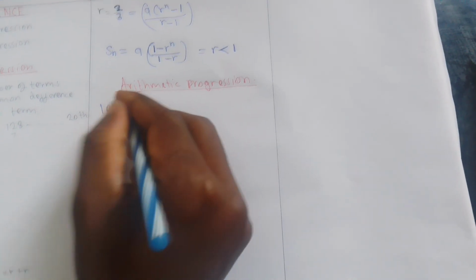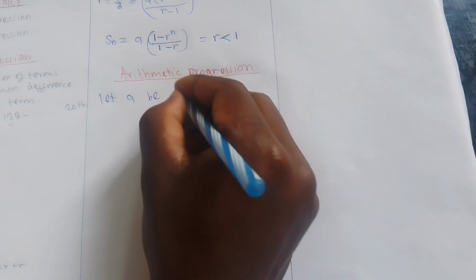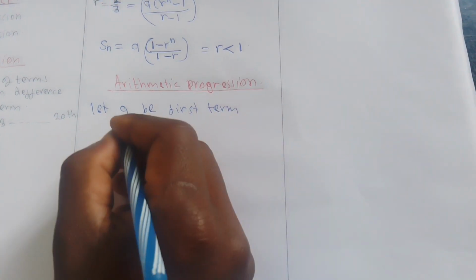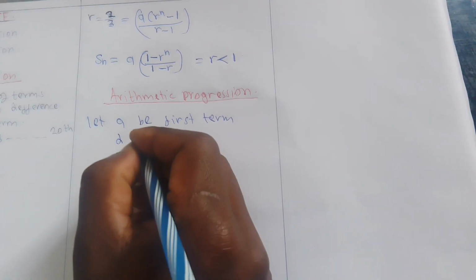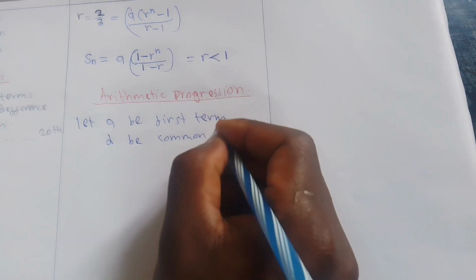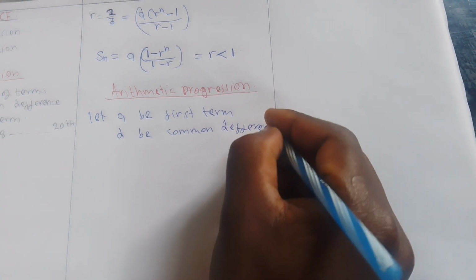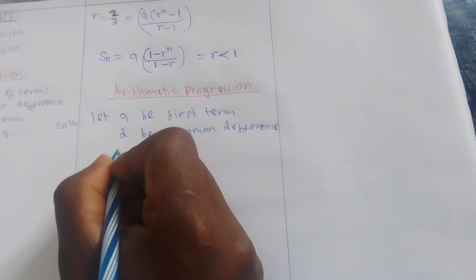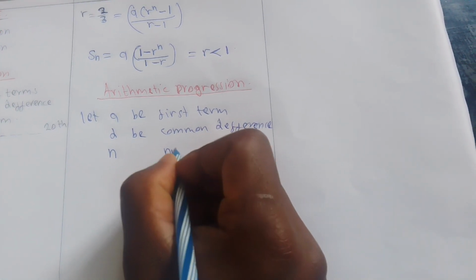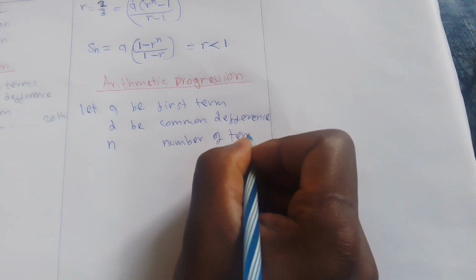Let A be the first term, and D be the common difference, and N remains number of terms.